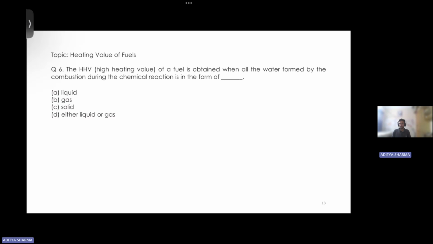And in that case, we define that heat from combustion as high heating value. Okay? So this will be liquid. Okay. A option will be the correct one.